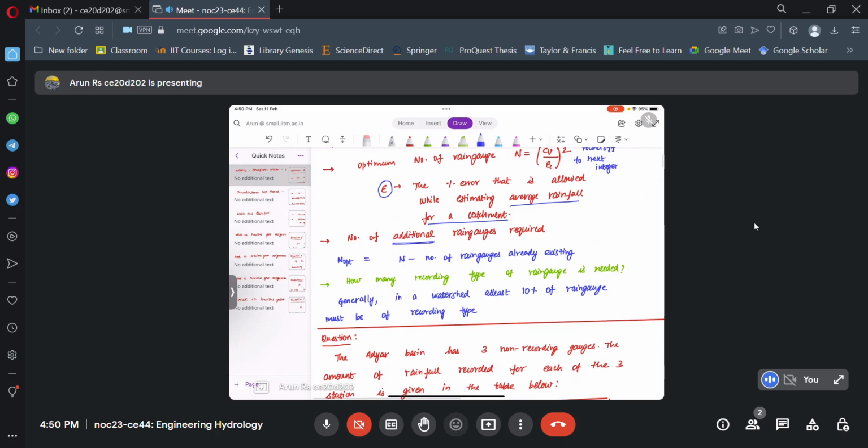So here we get the total number of rain gauges, but in some questions you will be asked to find the number of additional rain gauges.